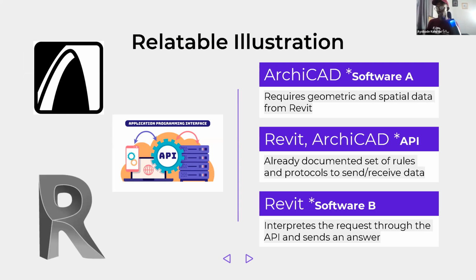For a relatable illustration, take software we know: ArchiCAD, for example, needs geometric data or other metadata from Revit. But there is no way to achieve that directly.